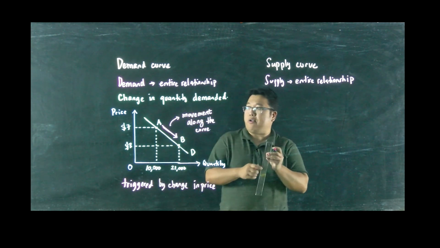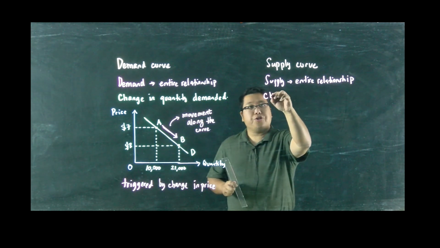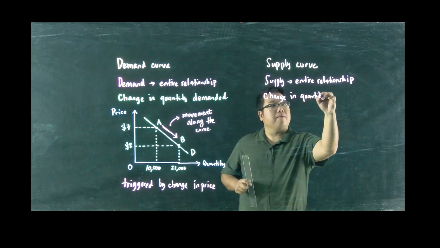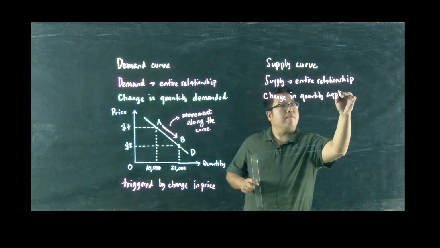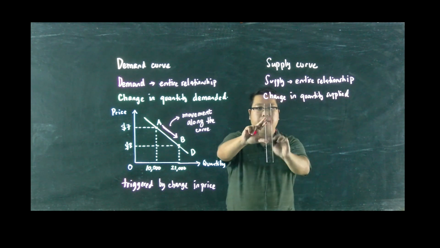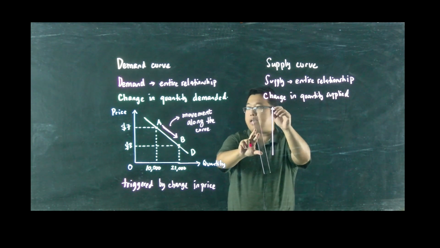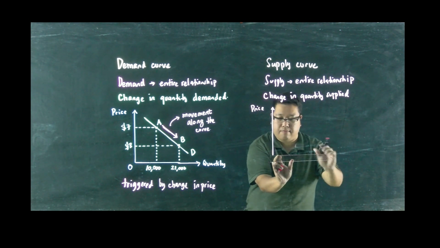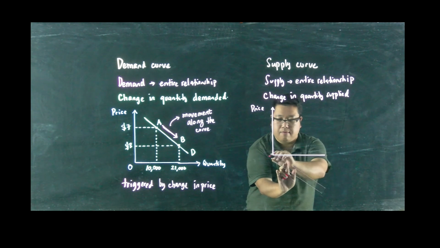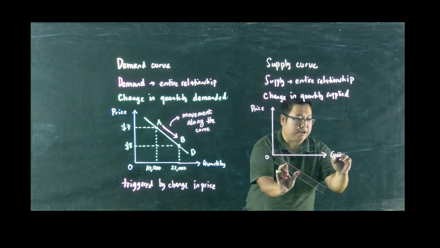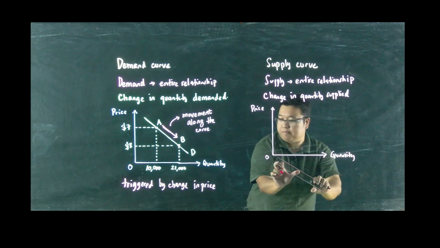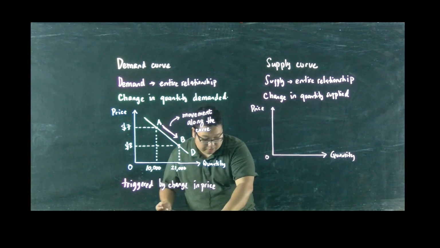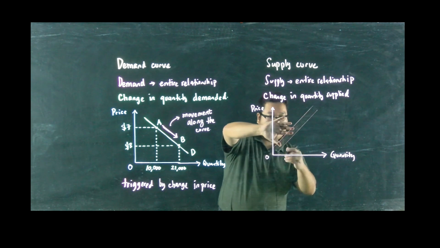So let's sketch a similar graph here to indicate change in quantity supplied. Again, let's have here our supply curve, and here we have quantity. Let's say supply is like this.